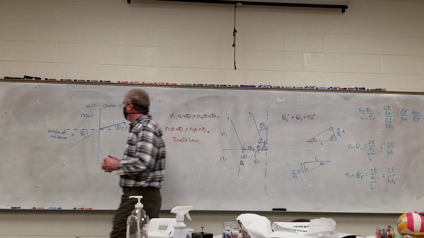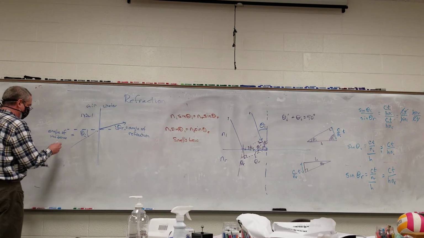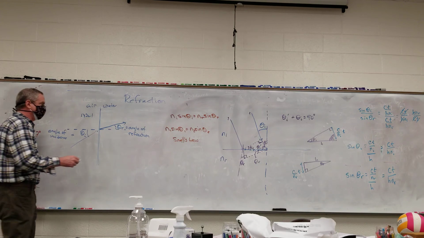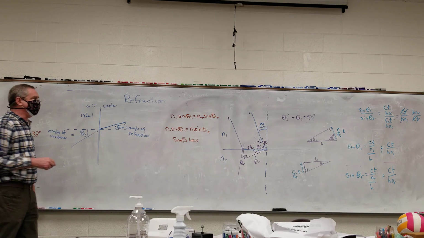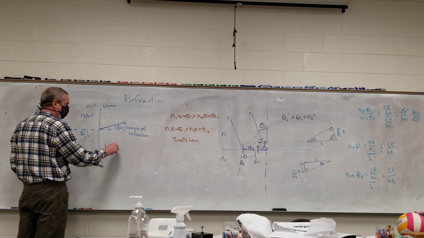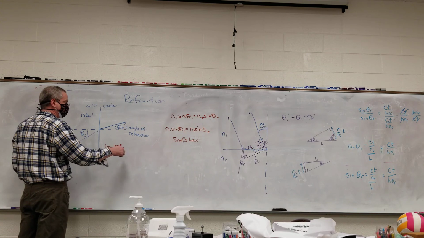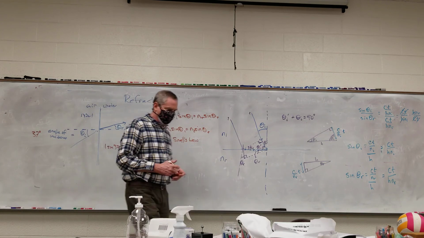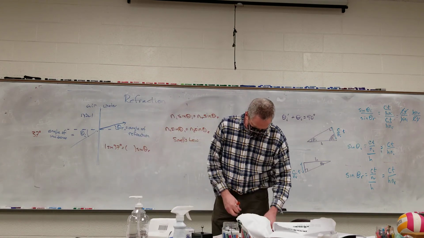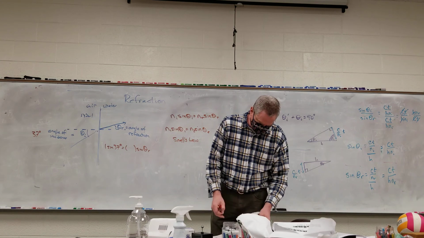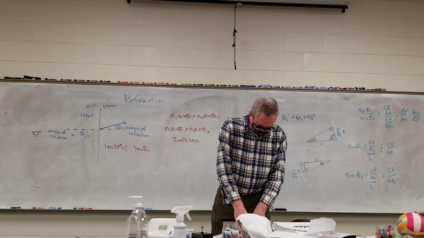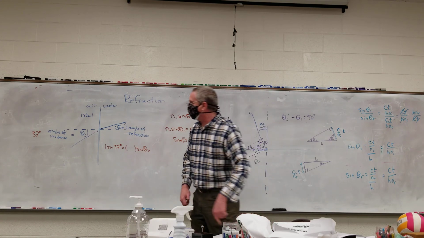So over here, if we did air and water, if my angle of incidence is, let's just say 37 degrees, at what angle will it be going through the water? Well, my index of refraction of air is close to 1, so I have 1 times the sine of 37 degrees is equal to the index of refraction of water times the sine of my angle of refraction. For water, there's going to be a table in the book. Water, 1.33.